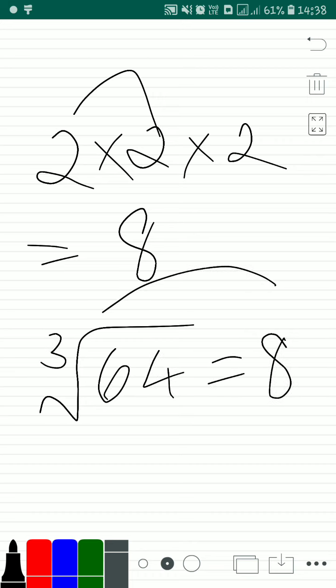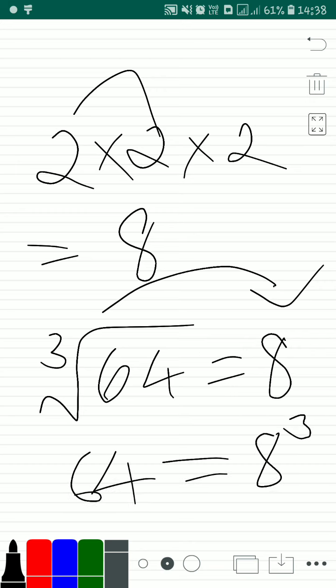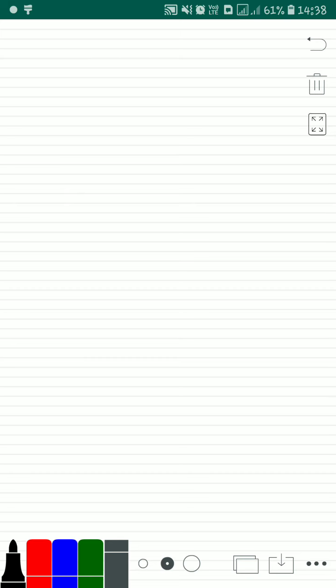If this is shifted to the right hand side, it becomes 8 cube is equal to 64. And if it is shifted again to this side, it becomes root of cube. Suppose the number is 2, and now the index is not 2, it is not even 3, it is 4. There is no name for 4, like 2 is square and 3 is cube.